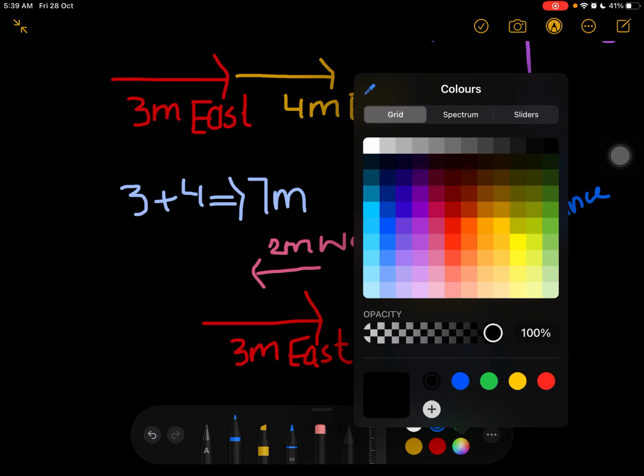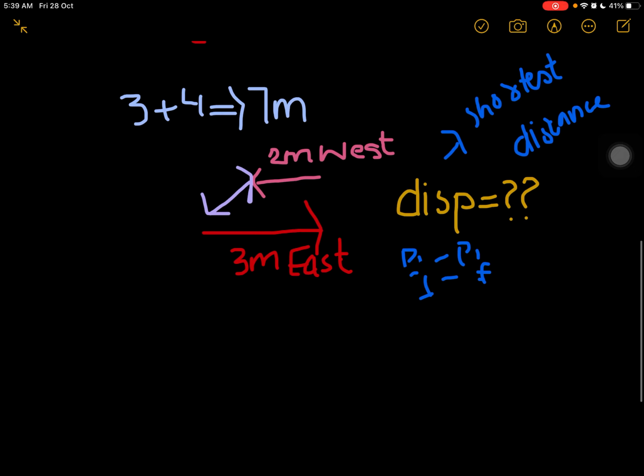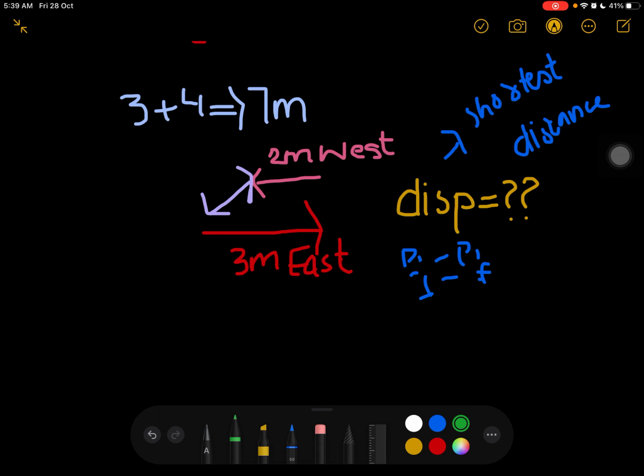So here the shortest distance will be this one, right? So now here 3 minus 2 is equal to 1 meter, right over here.